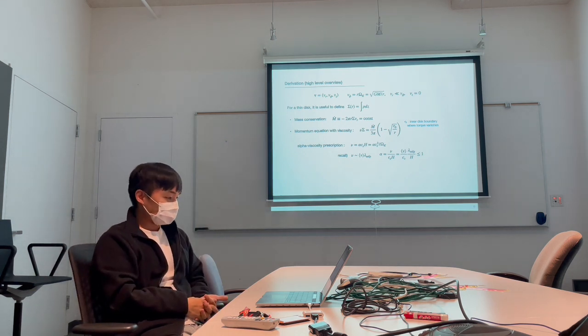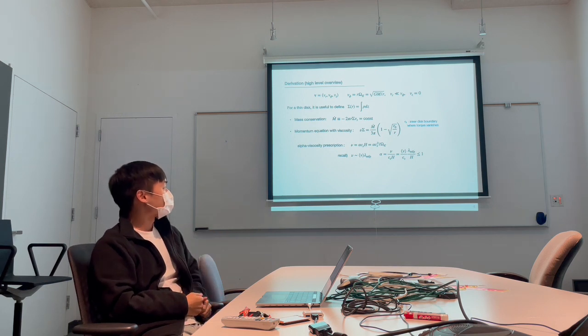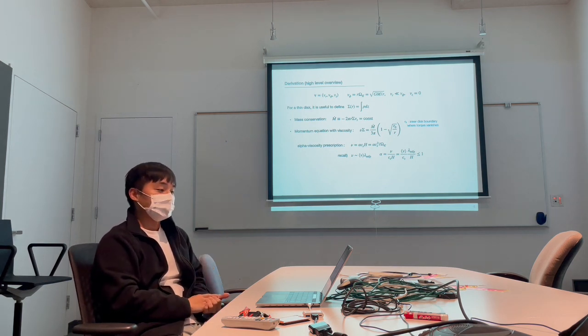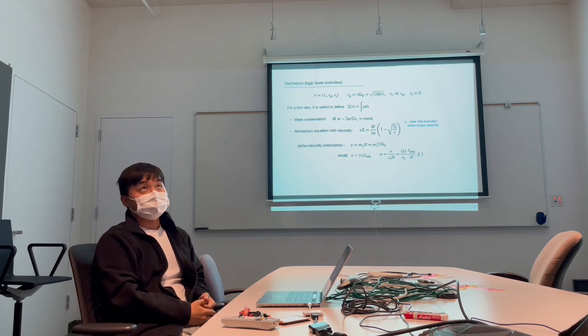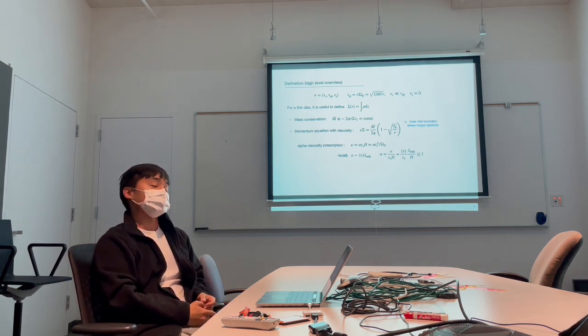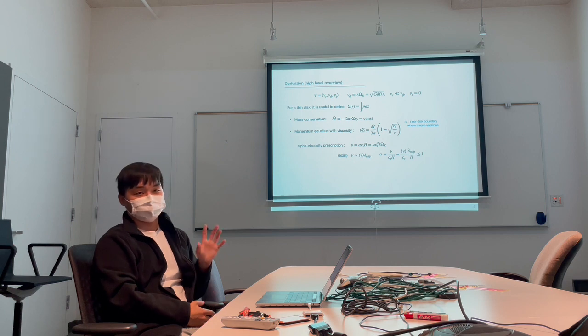So this alpha is a parameter bounded by a value of roughly 1. In actual situations, like numerical simulations, people can confirm that it falls within roughly 10 to the minus 3 to 10 to the minus 1.